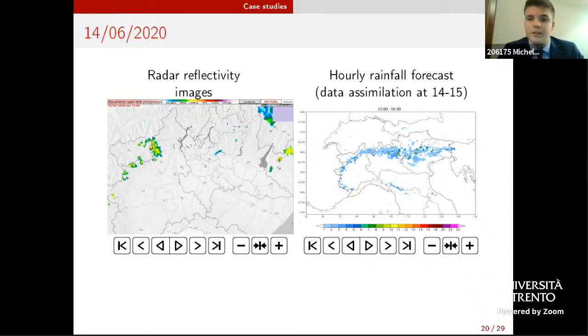So yes, there is also a quantitative analysis in the study. And in this analysis, the model often turns out to overestimate the rainfall amounts, especially in some areas. And so yes, we did a comparison between these two kinds of rainfall amount data.